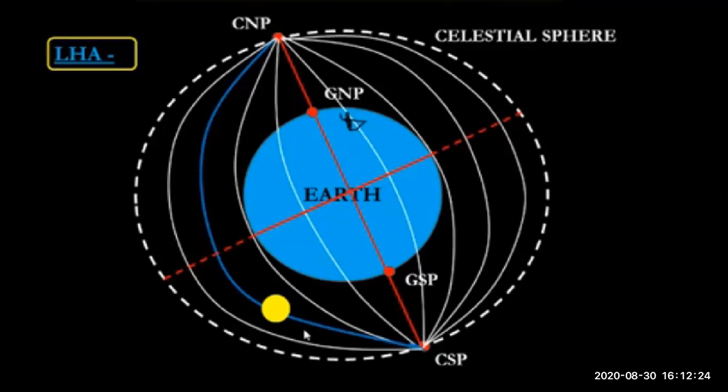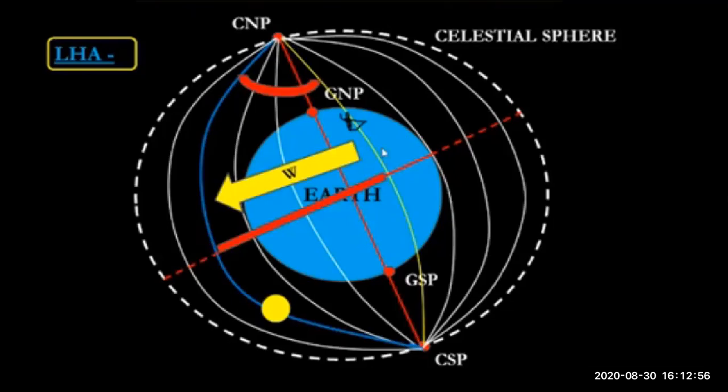So on the celestial sphere, this is the meridian of the celestial body, blue one. So let's say the starting of the definition is again the same. It is also measured westwards. So it is the arc on the equinoctial or the angle measured at the celestial pole, contained between the celestial meridian passing through the observer and the celestial meridian passing through the celestial body, measured westwards.